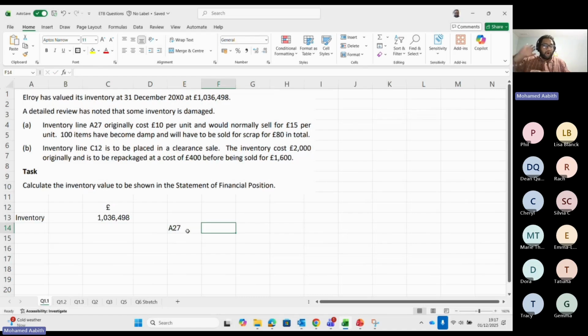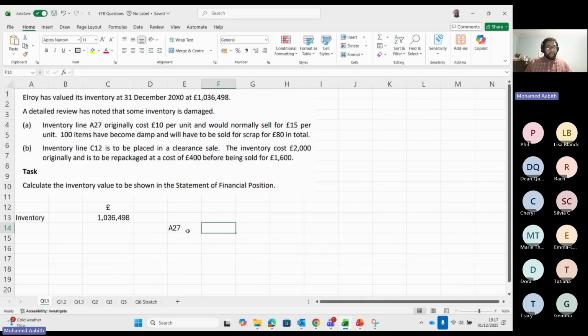So in original terms the net realizable value is £15, but that is no longer the case because all these items, 100 items, have become damp and they're going to sell for £80 in total. So that means we're going to sell it for 80p. So the net realizable value in this scenario is going to be 80p per unit instead of £10 of cost. So we have to value that inventory at that new value now.